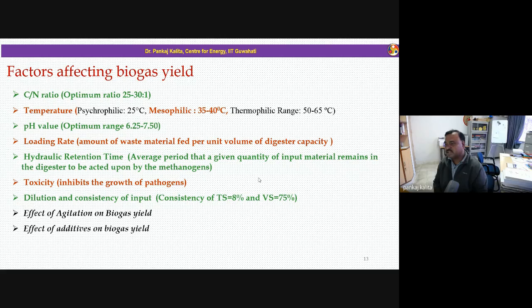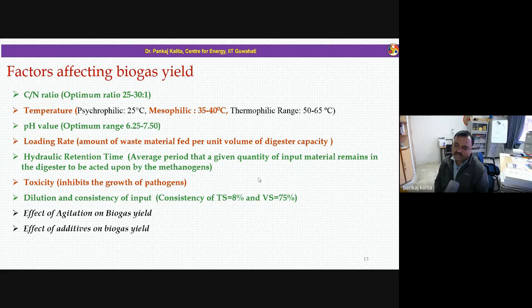Sometimes thermophilic is also important, because if you need more biogas in a short duration, then we will go for this. Otherwise, if we can maintain the mesophilic temperature without investing so much energy for heating, then the mesophilic range is perfect. And also pH value we need to regulate, about 6.25 to 7.5.